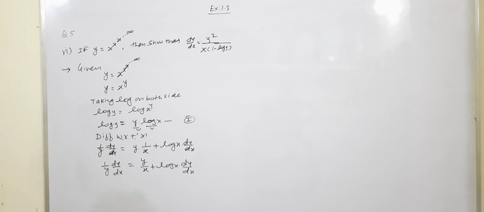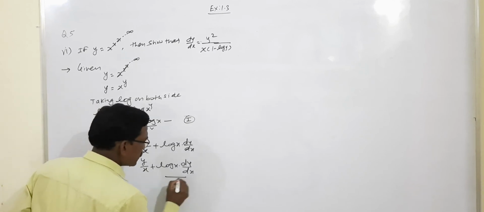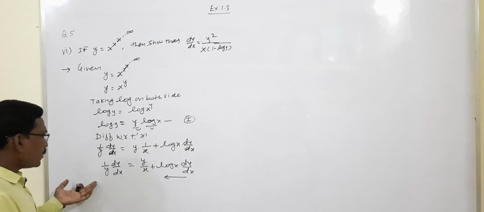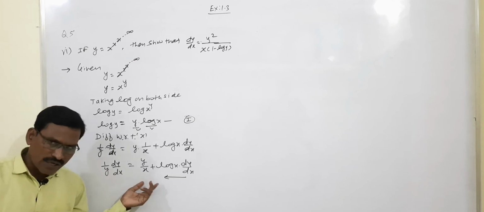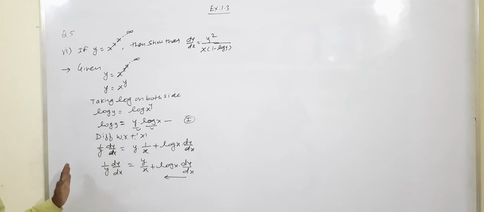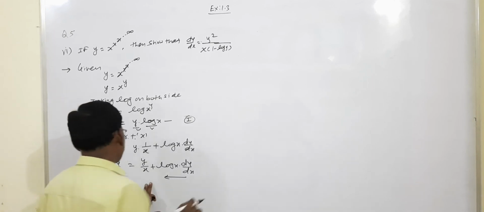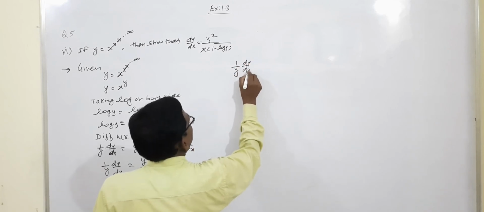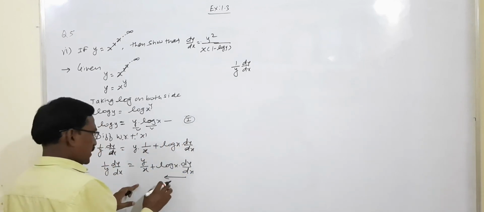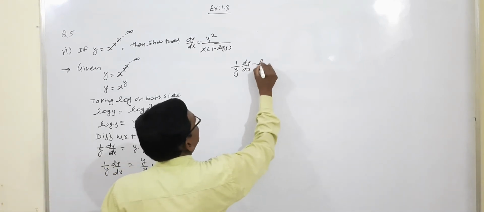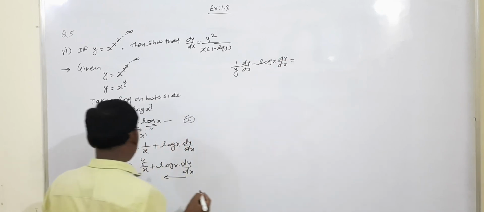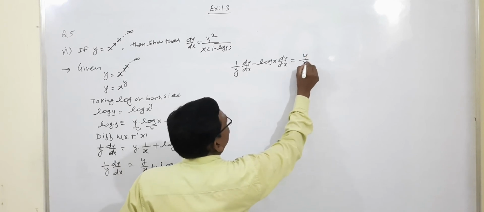Now we take this log x dy by dx term from the right hand side to the left hand side, and the term without dy by dx, there is only one term, stays in the right hand side. In the left hand side there is no term without dy by dx. So 1 by y dy by dx, take this term to the left hand side, minus log x into dy by dx is equal to only y by x.